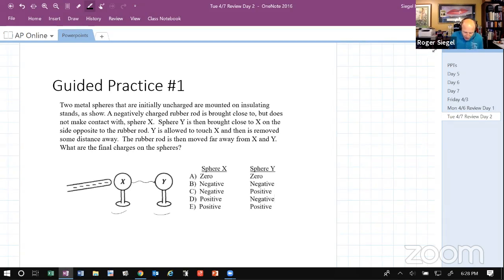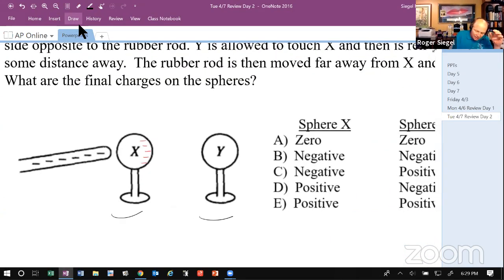And what's going to happen when that happens? Well, let's draw that whole thing out in a series of steps. The first thing is, when I bring this negatively charged rod near this metal sphere, a lot of negative charges are going to go to the other side, and that's going to leave the left side acting positive.